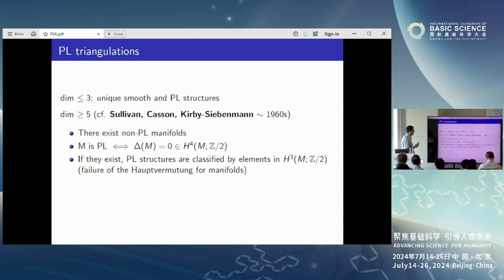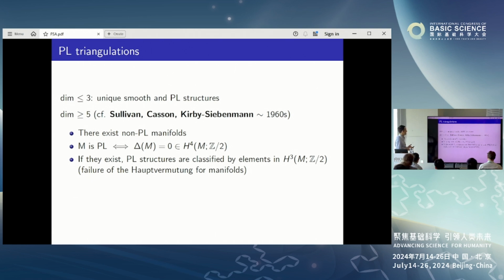So they showed that there exist non-PL manifolds, and they gave an obstruction, this element delta of M. It's called the Kirby-Siebenmann invariant that lives in the fourth cohomology with Z/2 coefficients, and the element is 0 if and only if the manifold is PL.